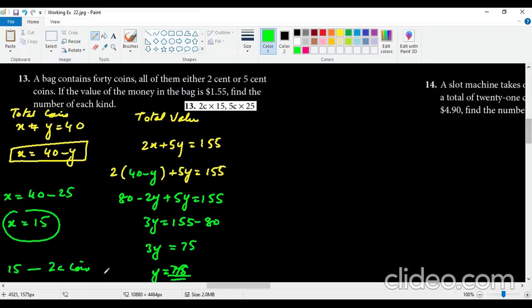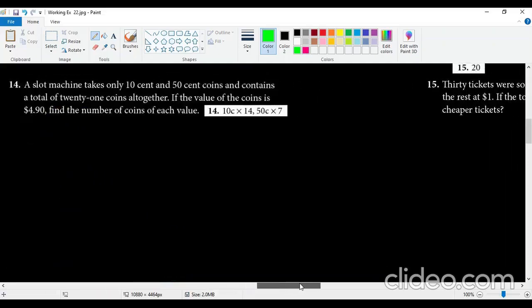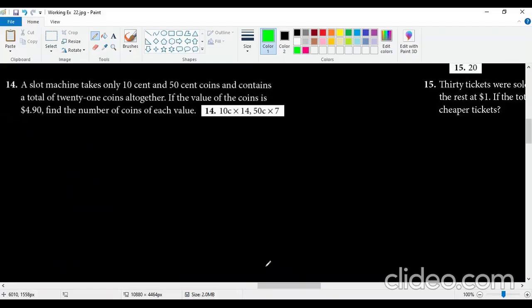Moving on to question number 14. It says a slot machine takes only 10 cents and 50 cents coins. I will assume x equals 10 cents coins and y equals 50 cents coins.